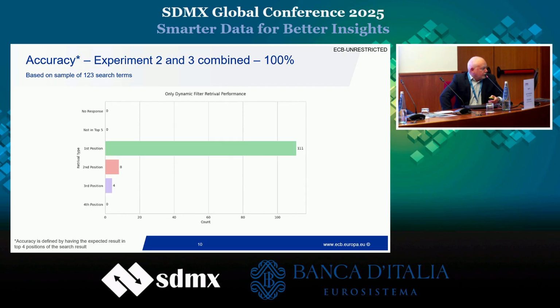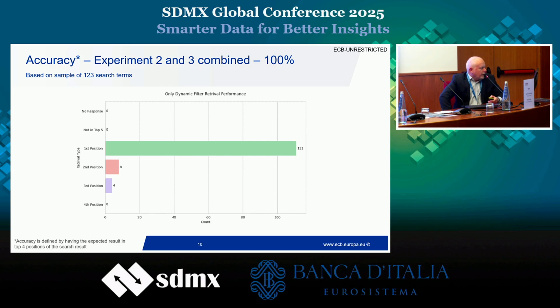Then experiments 2 and 3 combined, which is the AI tags, and then adding the tags to point to specific series keys. We then gained 100%. The result you see here under the headline experiments 2 and 3 combined is actually only experiment 3, with 111 in first position.